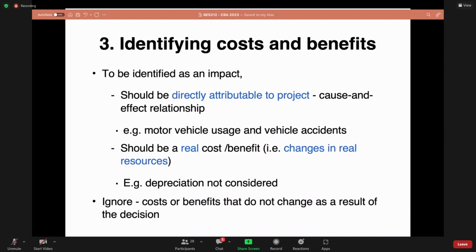So things like depreciation, we are not considering. Also, any costs or benefits that do not change as a result of the decision, we are not considering. That's why we identify the costs and benefits compared to the counterfactual scenario, the without-the-project scenario. So we consider any incremental costs or benefits we get on top of the without-the-project scenario.